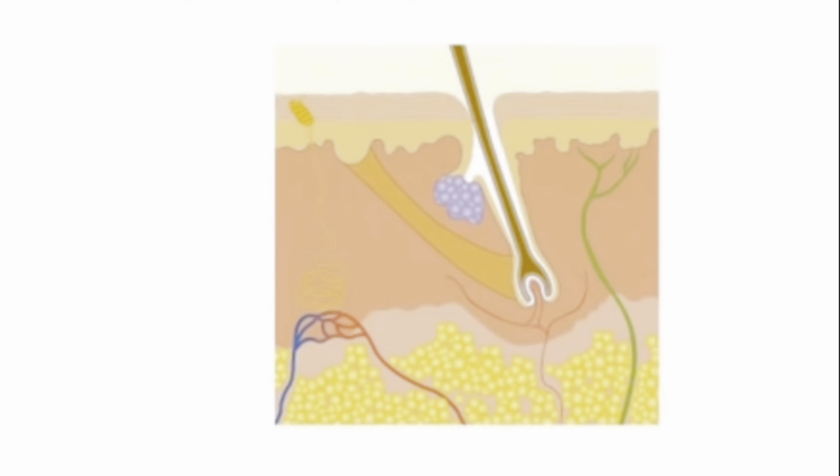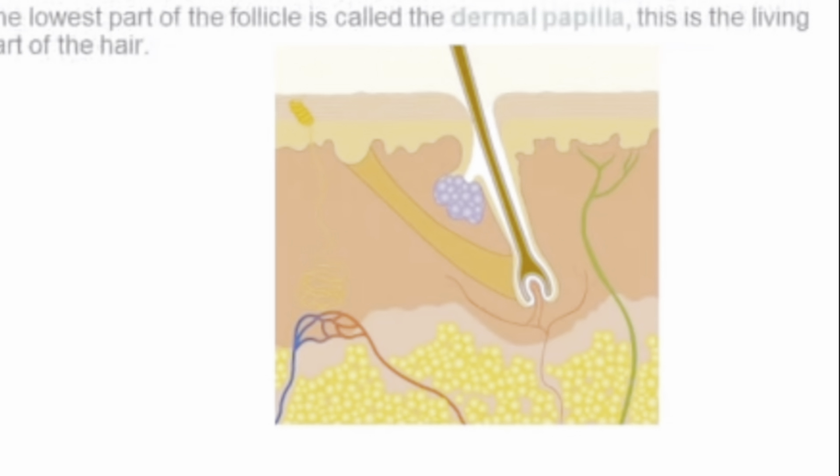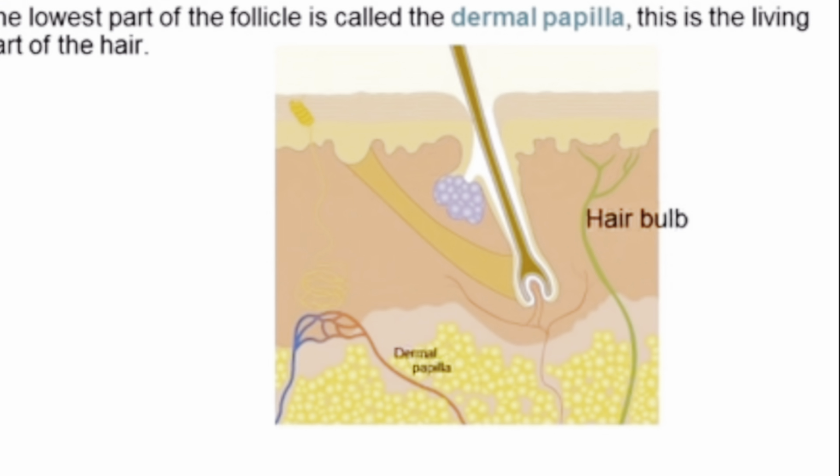Hair follicle. The diagram shows a hair within a follicle. If we look more closely, the lowest part of the follicle is called the dermal papilla, and this is the living, active part of the hair. You can see this highlighted in the diagram with two arrows close to each other at the hair bulb and dermal papilla.